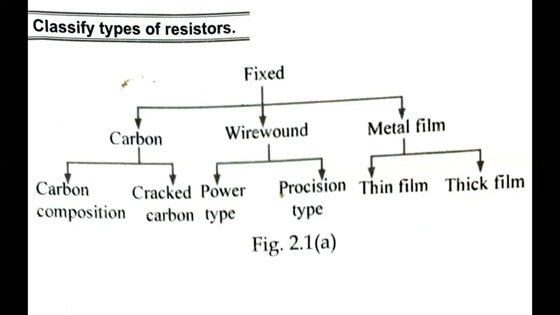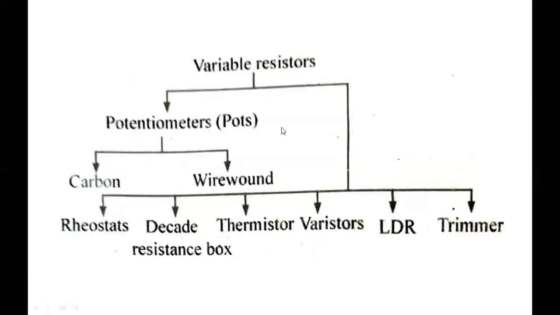Next, wire wound: power type and precision type. Metal film: thin film and thick film. Variable resistors: potentiometers, and again potentiometers are carbon and wire wound. And variable resistors are classified into rheostats, decade resistance box, thermistor, varistors, light dependent resistor, and trimmer. This is about the classification of the resistors.